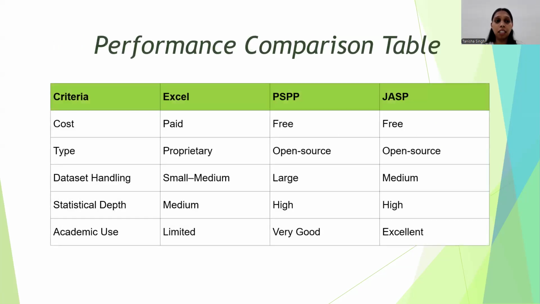Performance comparison table, how it actually works. Criteria: Excel, PSPP, JASP. Excel is paid, PSPP is free, and JASP is free. Property: these two are open source, so it's very easy for students to use them.